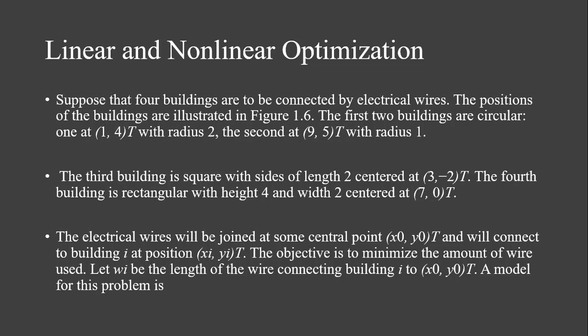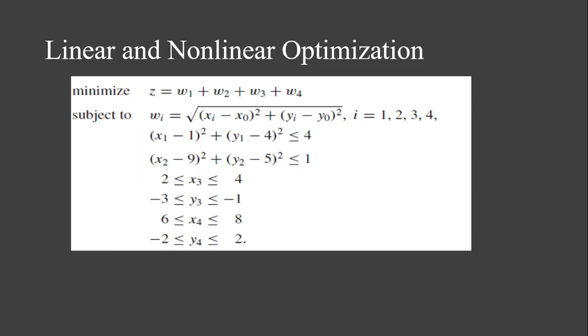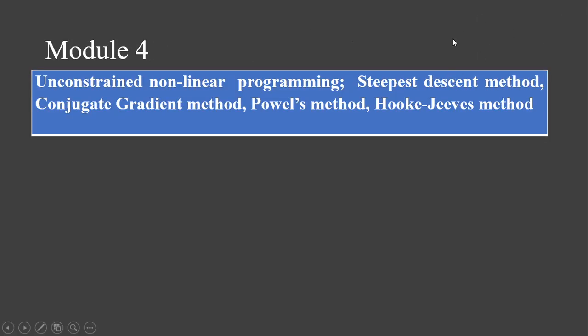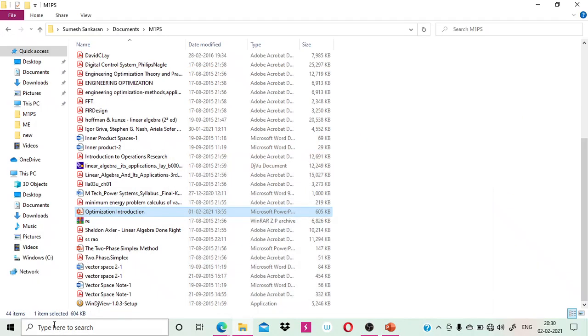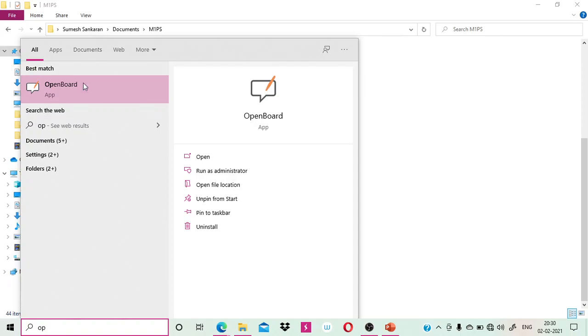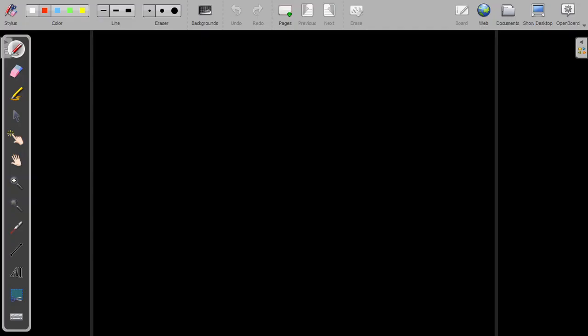So here we have discussed our objective function or our model, z. That z parameter is equal to w1 plus w2 plus w3 plus w4, in which in general we can say wi, where i equals 1, 2, 3, and finally 4, which means that i is the number of buildings. Total i varies from 1 to 4.